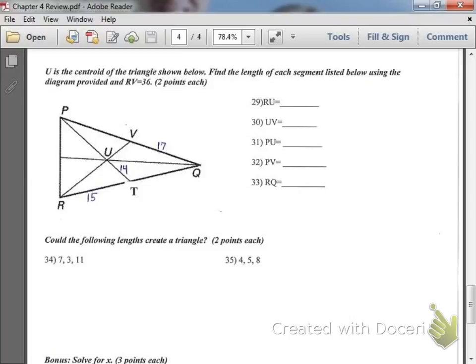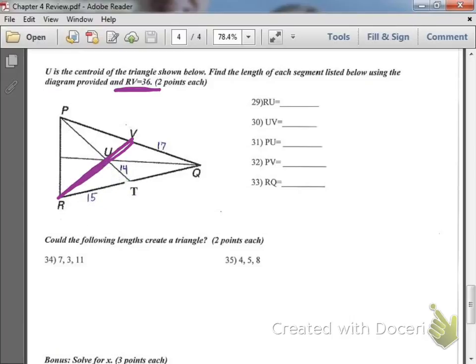The key on this is to read the directions. The directions say that RV, so this whole thing, this whole median, is 36. If the whole thing is 36, what's the longer part? I know the longer one always touches the vertex, the shorter one always touches the midpoint. So there's a magical fraction we learned.